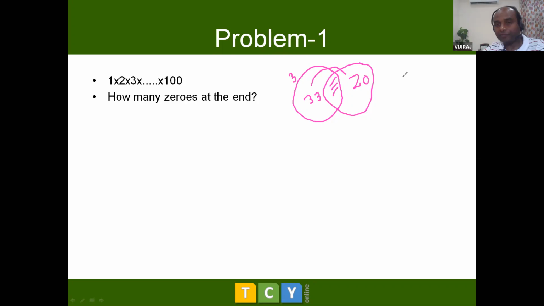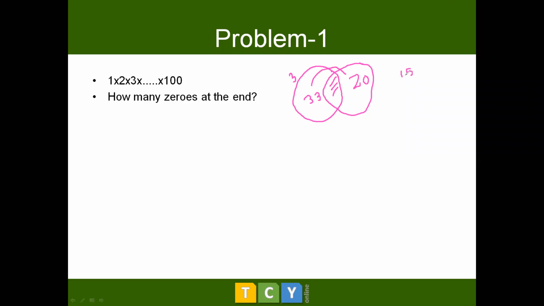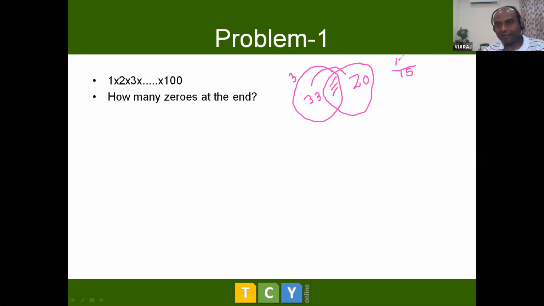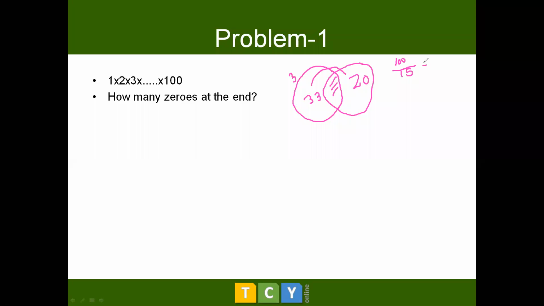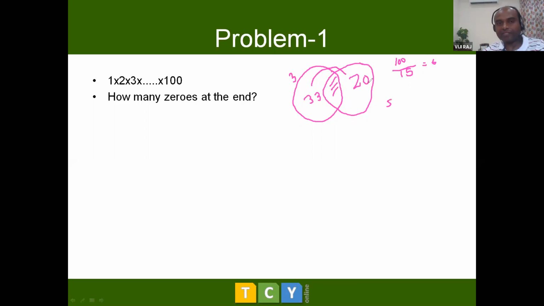Which are the numbers which are common? The multiples of 15. So divide 100 by 15 to find the multiples of 15. 100 over 15 will be 6, the whole number. All right. So 53 minus 6 gives us 47. All of you understood?